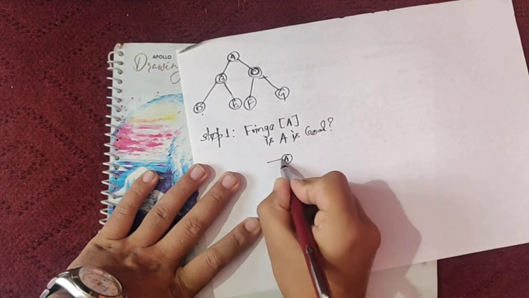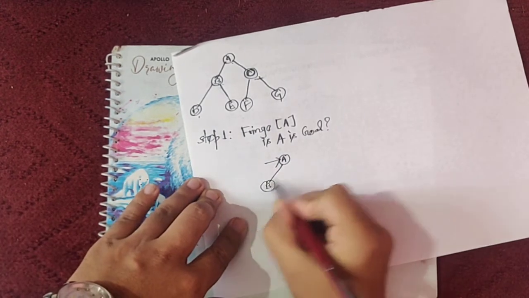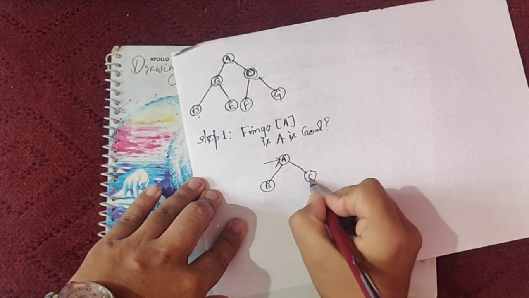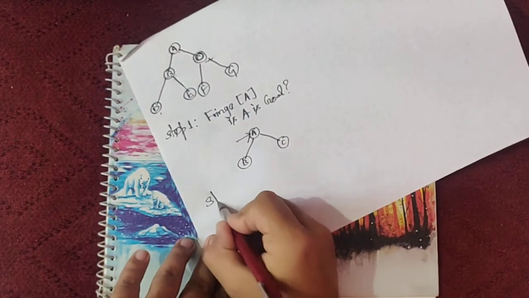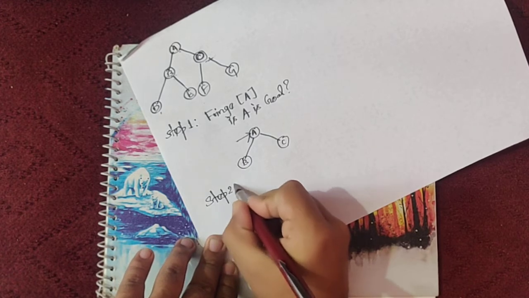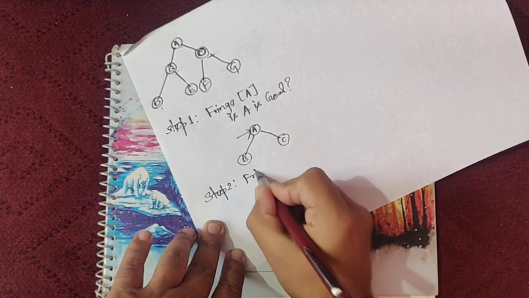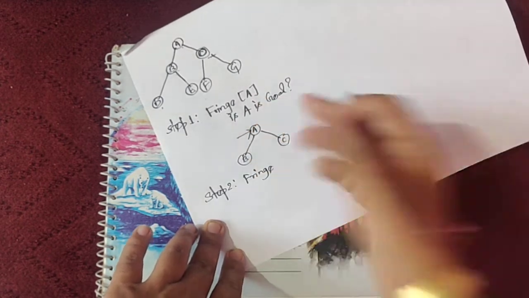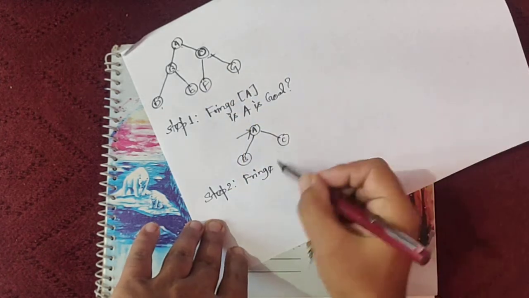A is not the goal node, and it can be expanded to B and C. In step 2, since A is not a goal node, it expands to its child nodes, B and C.